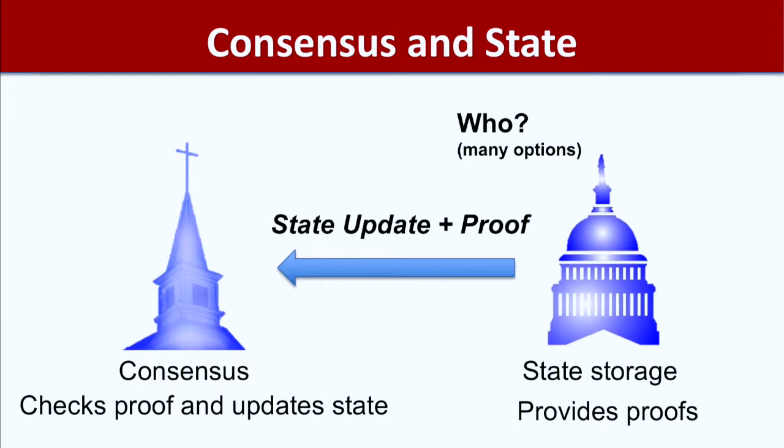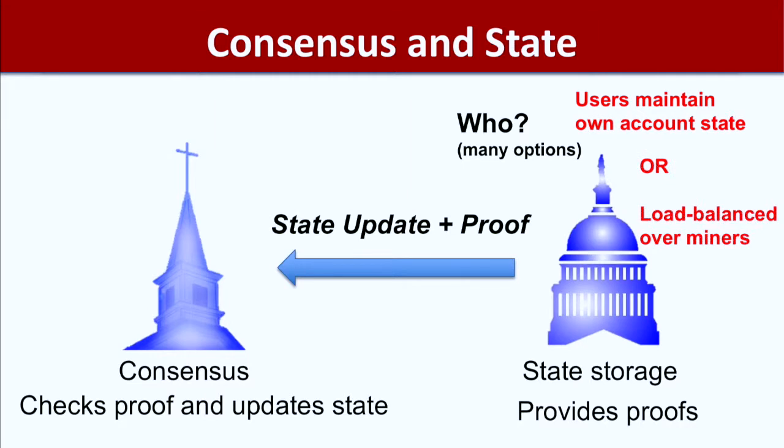Well, there's many options. You could think of it as users just store the information that is relevant for their own accounts. Users maintain their own account state, and whenever they submit a transaction that involves information in their own account, they're able to submit a proof to the consensus nodes that the transaction they're submitting is correct.